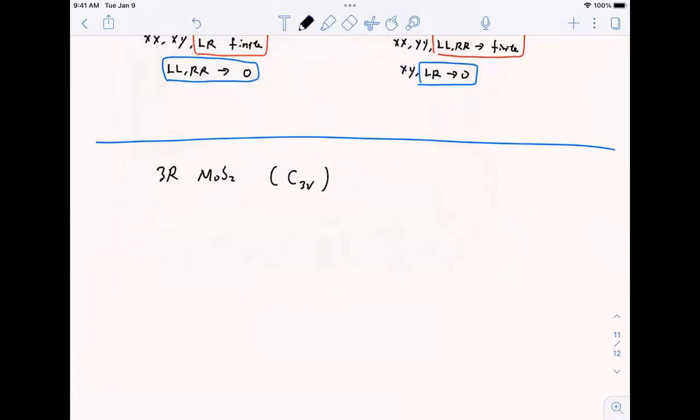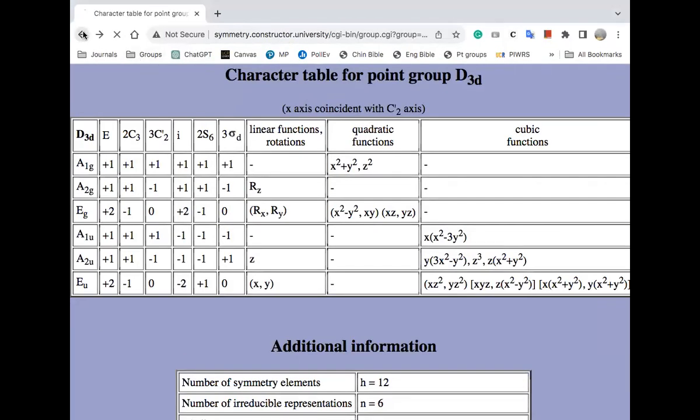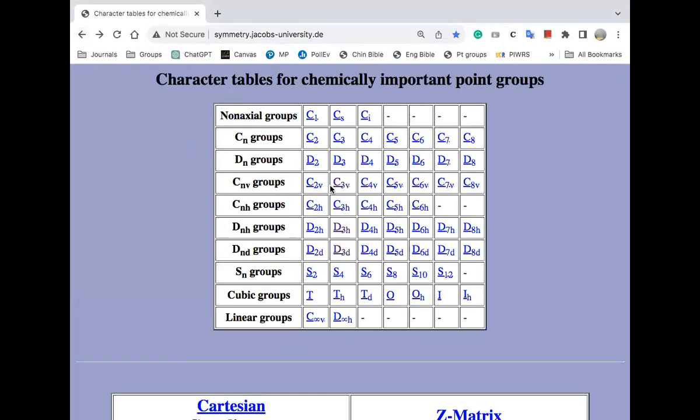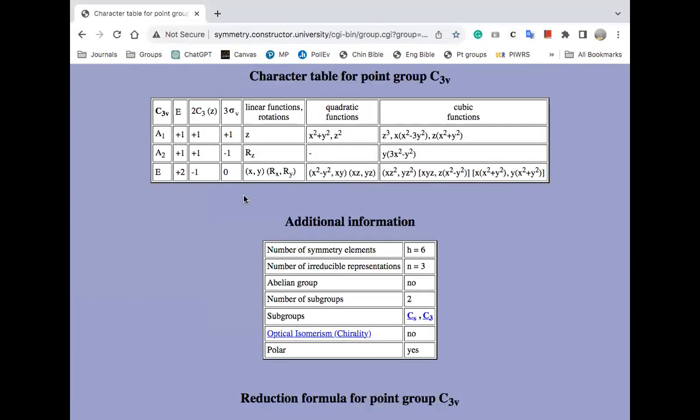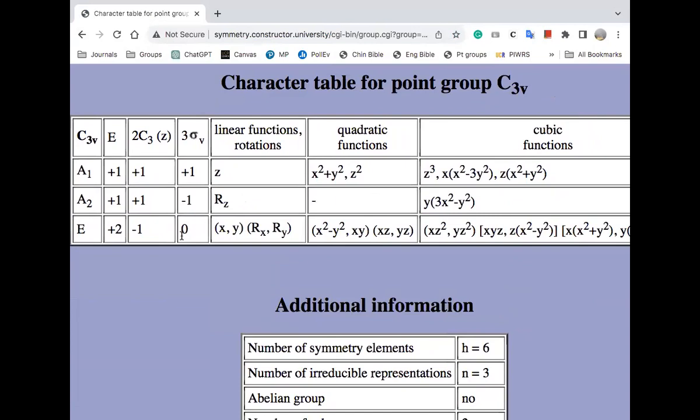So when you go to C3V, the table is very simple because the symmetry is relatively low. You can already immediately tell that this is the shear mode because the shear modes are doubly degenerate. There's only one two-dimensional representation.